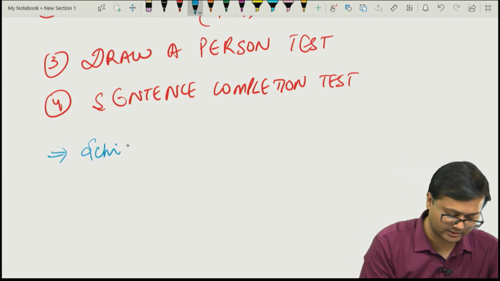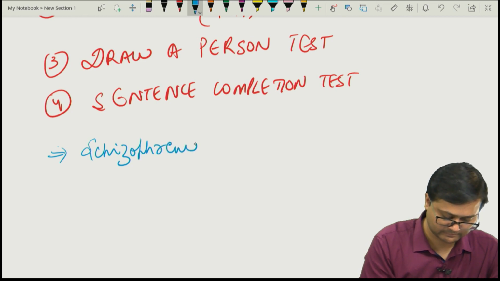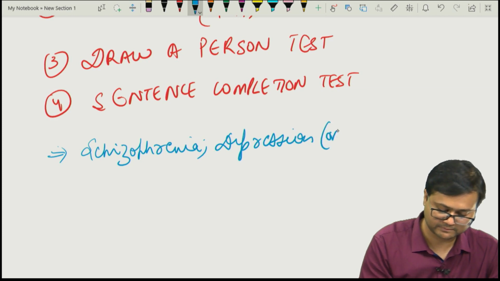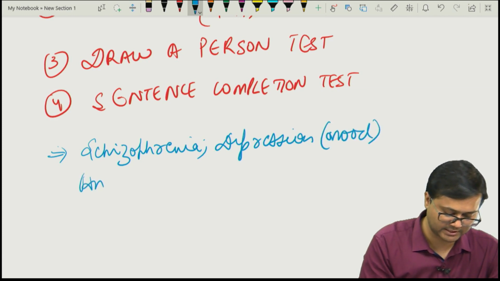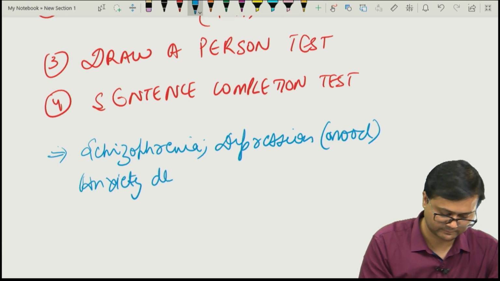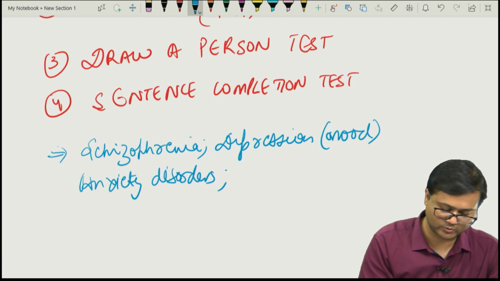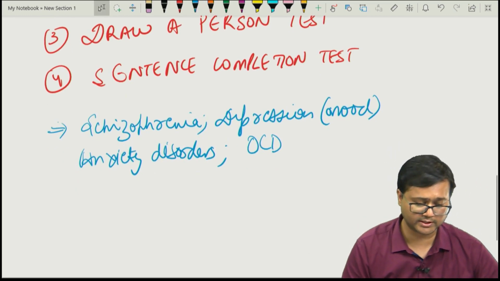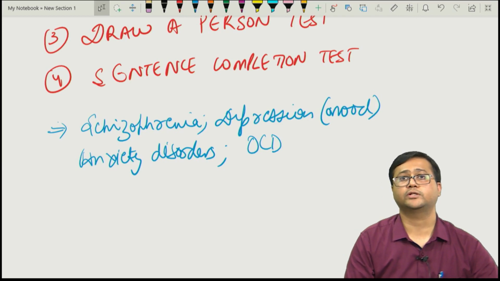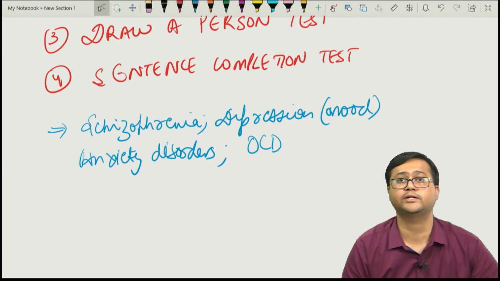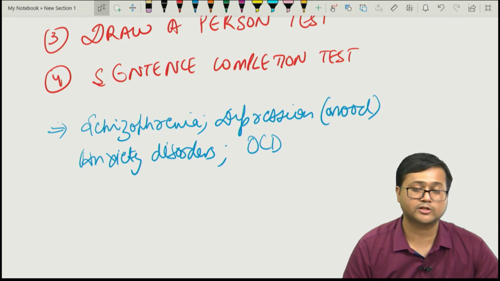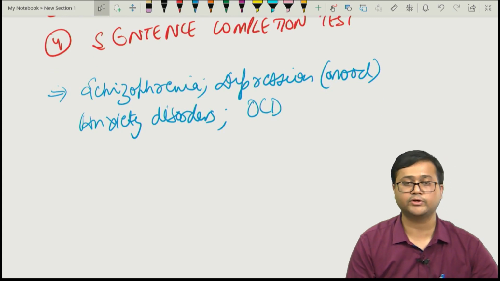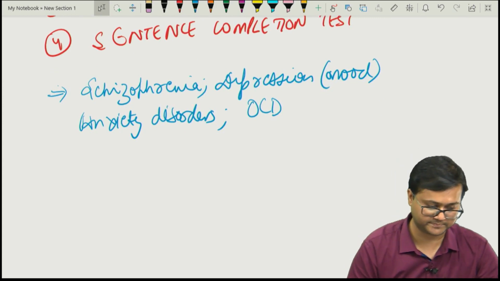Disorders like schizophrenia, depression or mood disorder including mania, anxiety disorders, OCDs. So we can get the possibility of what kind of disorder may be present. Although these are not confirmatory tests, the responses a person makes may help us tell whether the person is having symptoms of these diseases or not.